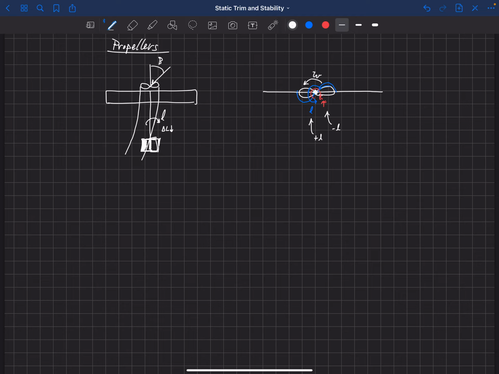Now there's one more thing going on back here, and I'm going to draw it just a little bit above back here just so we can see it. We've got so much going on. But if we have a vertical stabilizer back there, that's also due to the rotation of the wake. It's going to induce some lift distribution that looks like this.